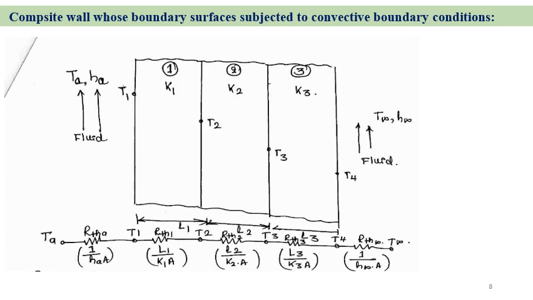Similarly, R_th2 is the thermal resistance to the flow of heat in material 2, L2 by K2A, and T3 is the interface temperature of materials 2 and 3, and R_th3 is the thermal resistance to heat flow in material 3, and T4 is the outside surface temperature of the composite wall, and T infinity is the temperature of the outside fluid.